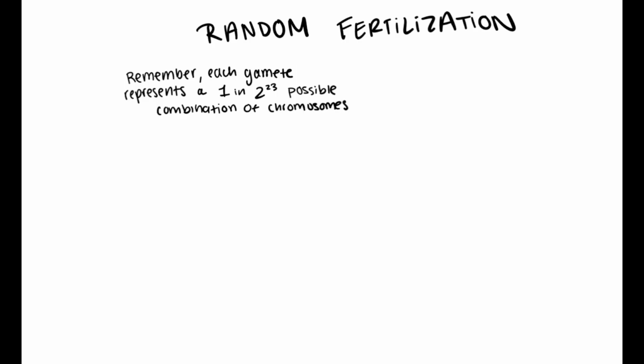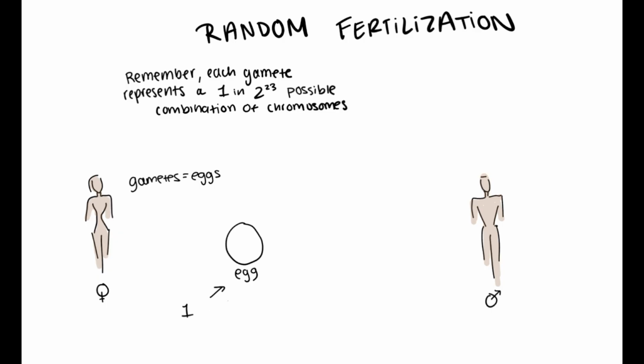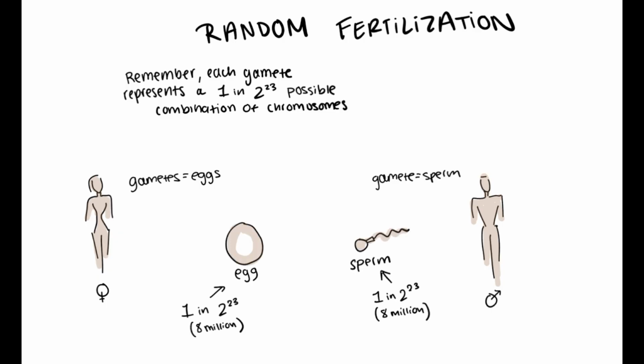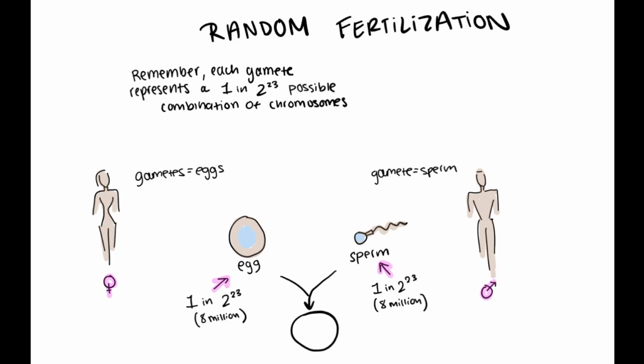And finally, we have the concept of random fertilization. This adds yet another layer of variation. Each egg and sperm cell is already genetically distinct, thanks to independent assortment and crossing over. But which sperm actually fertilizes which egg is completely random when we're taking into account two different people. That means the genetic makeup of a zygote results from an unpredictable pairing of two unique gametes.